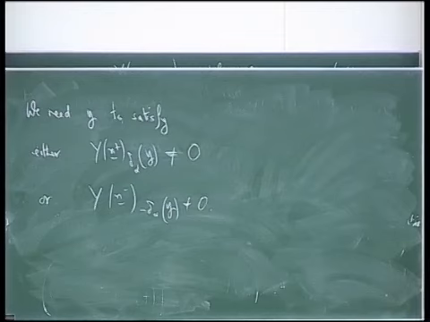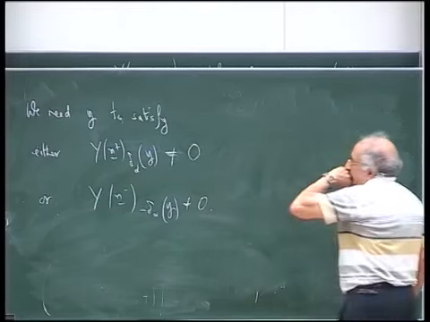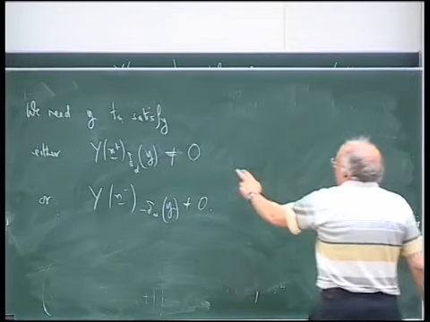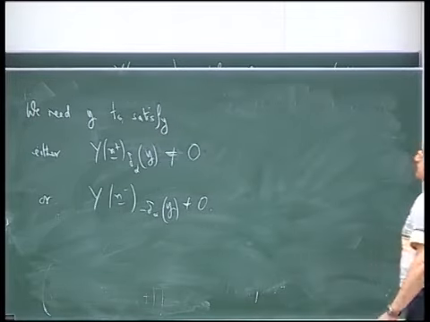Before, we would have demanded that only one of them is true. Doesn't really matter which, but all the time. And now we're giving ourselves the extra flexibility that we will be broad-minded. Either this guy is non-zero or this guy is non-zero.